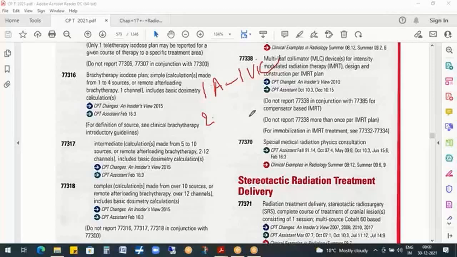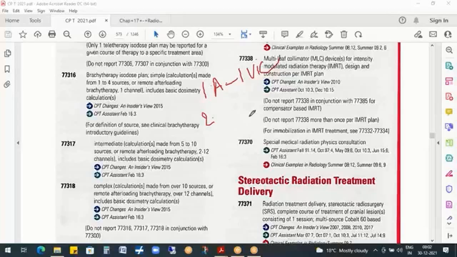Third point, anterior-posterior means one view. Next, posterior-anterior means one view.